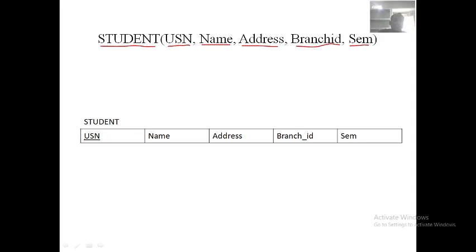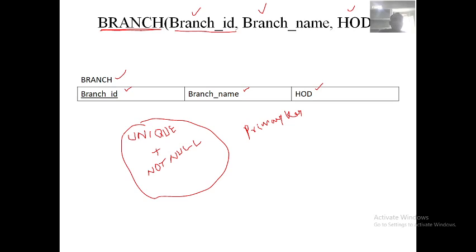Primary keys are always represented with an underline. This is the underline given here, no? In the previous case, branch ID is a primary key. How to identify it? Because it is underlined.